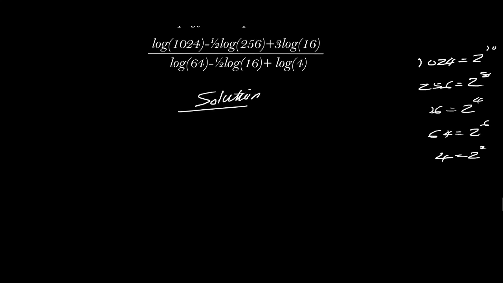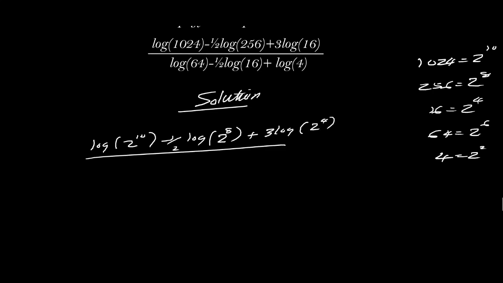So to simplify that expression, we first factorize the numbers. So we have log 1024 will be log 2 raised to power 10, then it is minus a half log 256. Now where there's 256, we'll put 2 raised to power 8, then plus 3 log 16. So where we have 16, we'll put 2 raised to power 4.